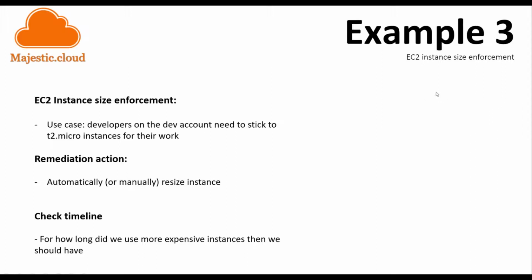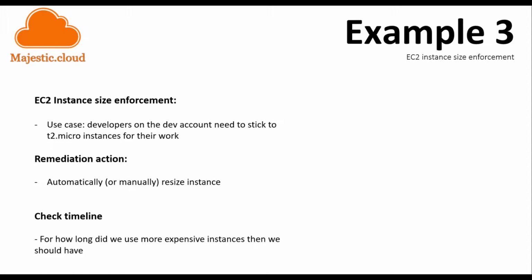You can set up a rule in AWS Config, and it will check once every 24 hours or when a particular instance is changed if the instance size complies to your rule. If not, automatically resizes the instance to your desired size using AWS Systems Manager. This will be the third use case that we will cover in this video.